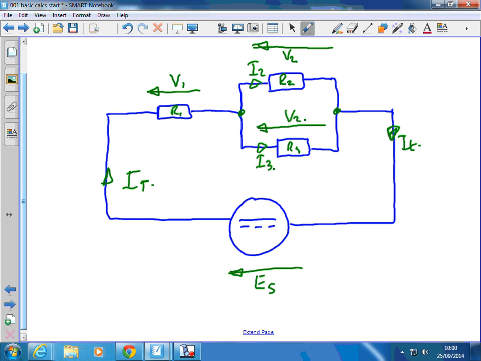These two, V1 and V2, would add up to that total. So we're going to lose some there. If this is 20 volts, and that's 6 volts, what you've got across here is the remainder, 14. But time and time again, I see students calculating these two currents using the total 20 volts for some unknown reason. So just be careful of that. Okay?